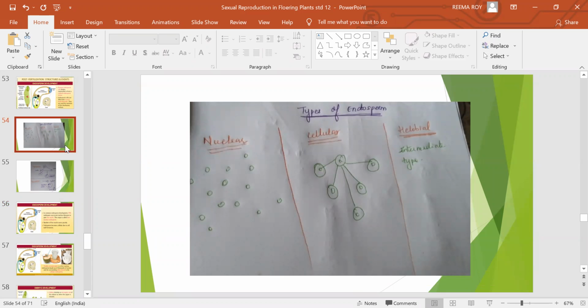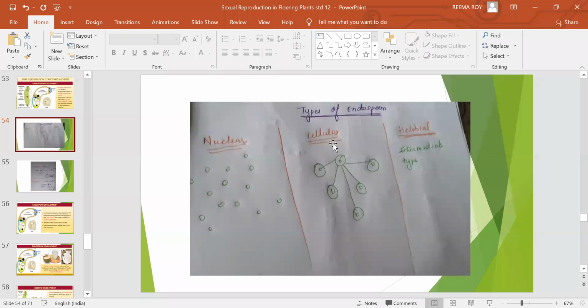So do you have any idea what it is? Nuclear मतलब सिर्फ nucleus ही है, खुला खुला ऐसे ही बहुत सारा nuclear बनाते रहते हैं. Free nuclear बना रहा है. Cellular endosperm मतलब cells भी बना रहे हैं और साथ ही साथ nucleus भी बना रहे हैं. See, two circles are there, one big circle, small circle. It forms cell also.